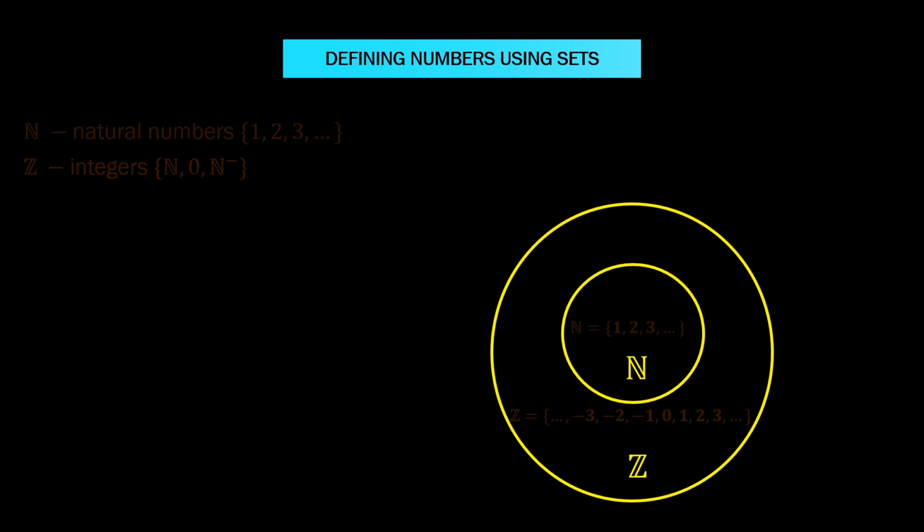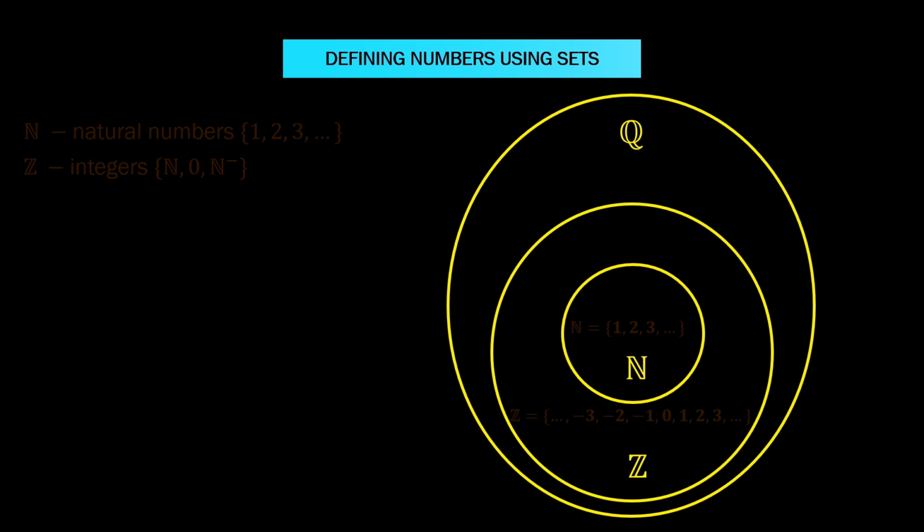And so we add another layer of complexity, the rational numbers. These represent numbers of the form p over q, where p and q are both natural numbers or integers, and of course q is not equal to 0, as shown here.